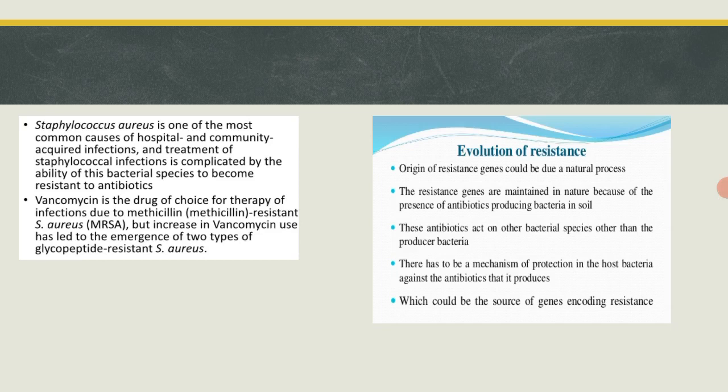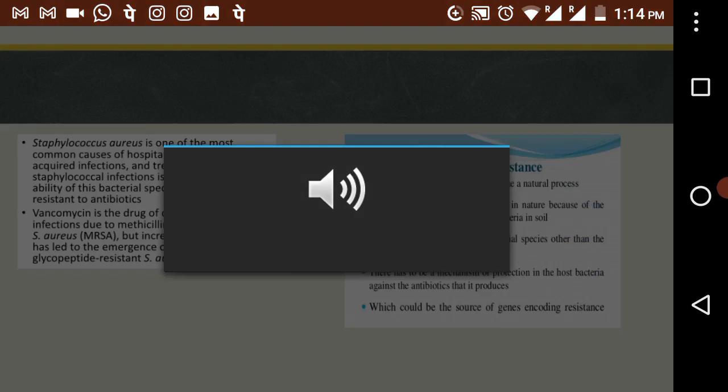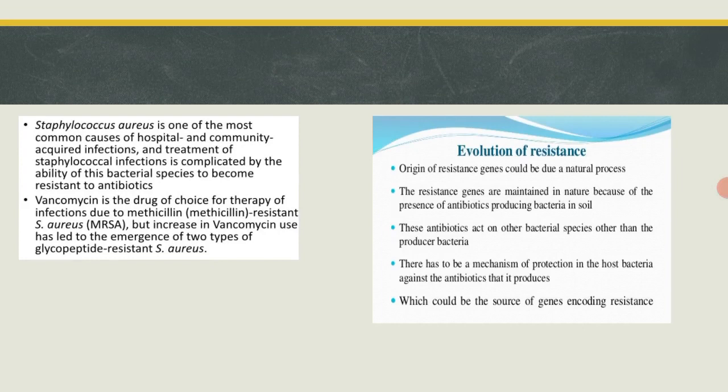These are called vancomycin resistant Staphylococcus aureus and methicillin resistant Staphylococcus aureus. Now this S. aureus is one of the most common pathogens, producing common infections such as hospital acquired infections and community acquired infections. And the treatment of S. aureus has now become very complicated due to the development of resistant properties in that organism.